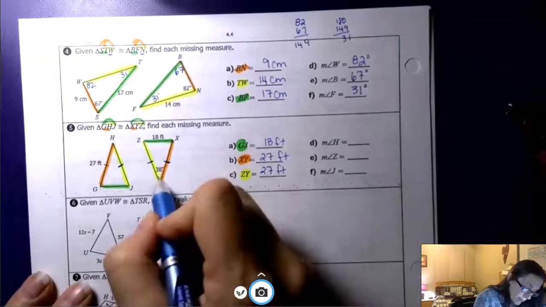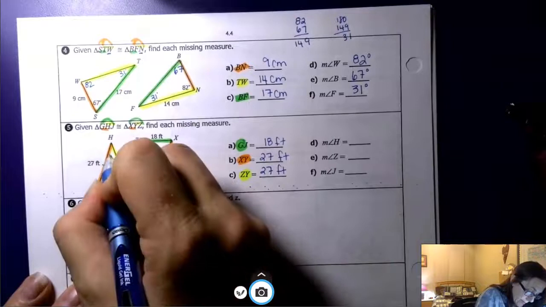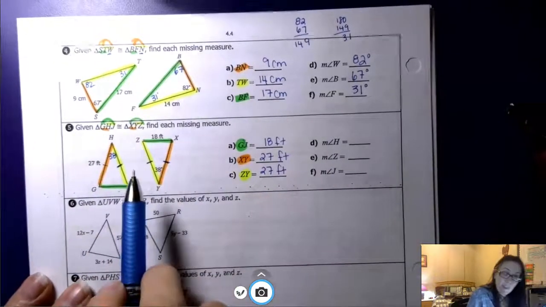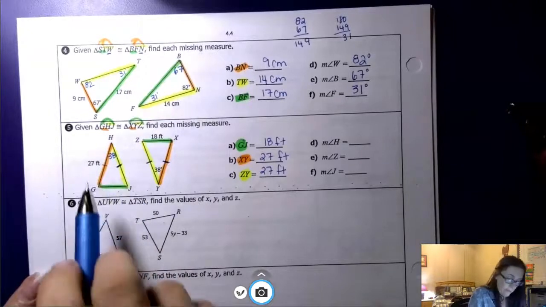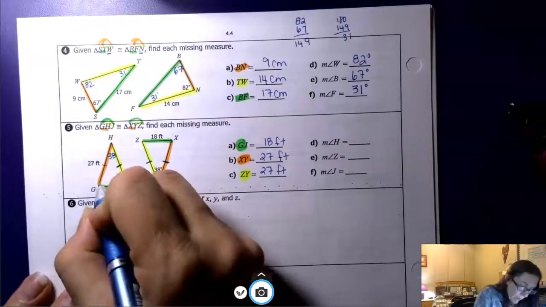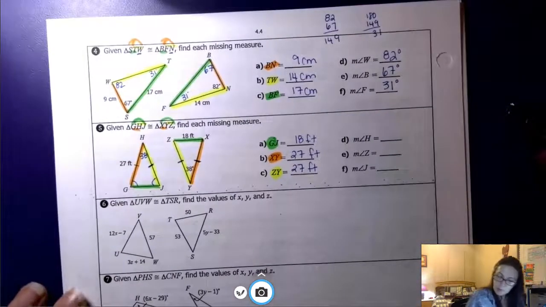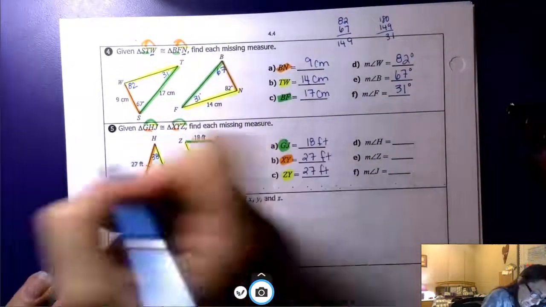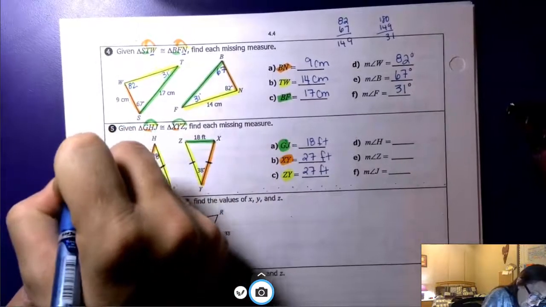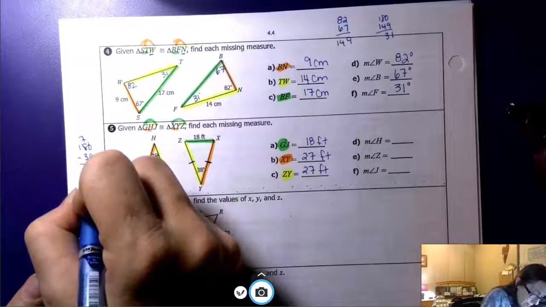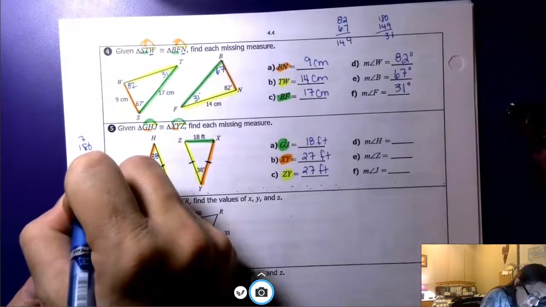Now my angles, if this is 38, this is going to be 38, Y and H. This is an isosceles triangle. If these two sides are congruent, I know the base angles have to be congruent as well. So I'm going to subtract this. I'm going to do 180 minus 38. Let's say, that's 142.